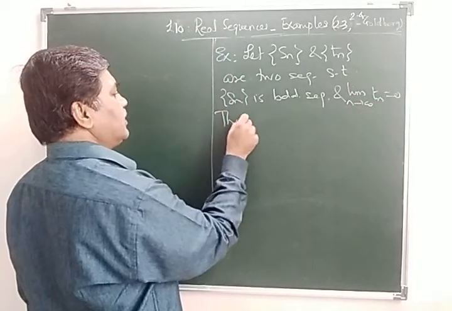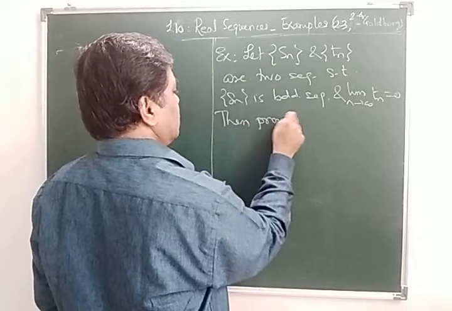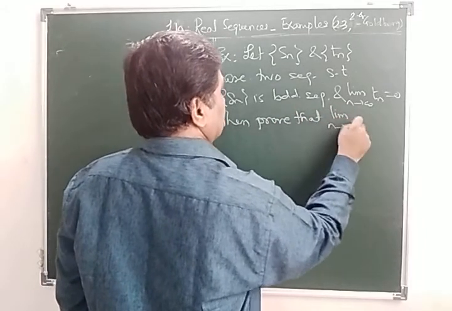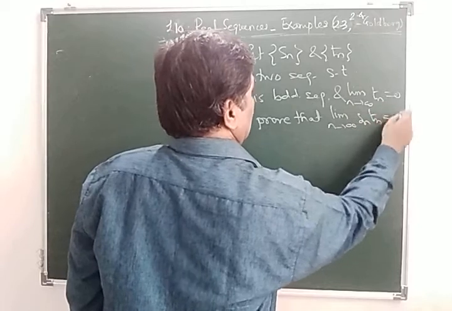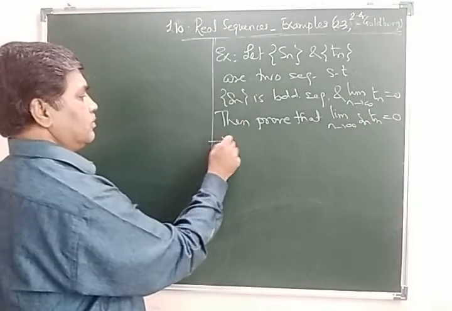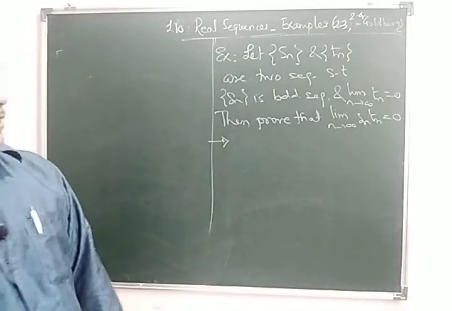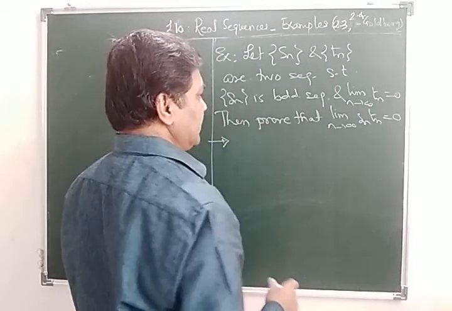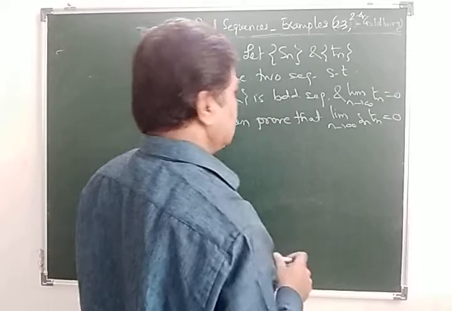Then prove that the limit of Sn Tn is 0. So if one sequence converges to 0 and the other is bounded, then the result is true.